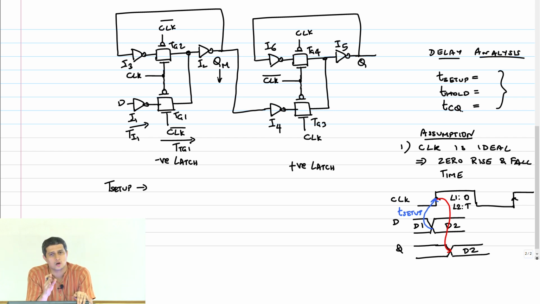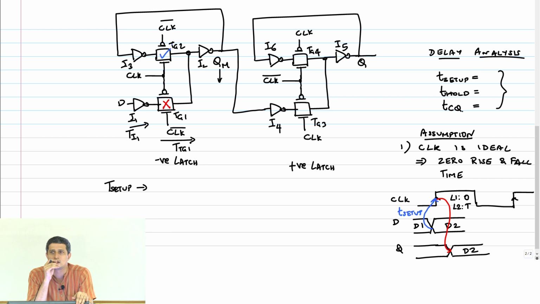When my clock edge instantaneously rises and shuts off this path, thereby turning on this guy, what are the gates that are going to drive QM? I3, TG2, I1, I2, sorry, I2.